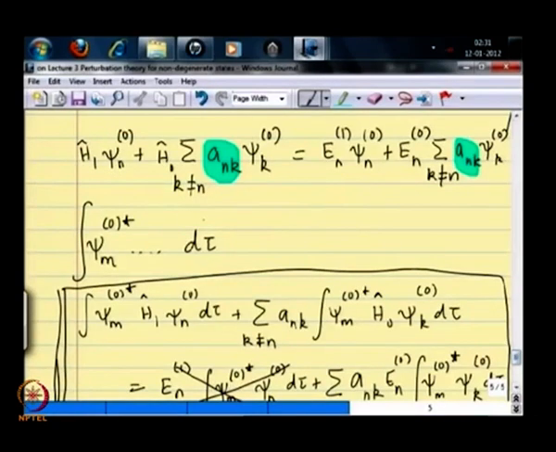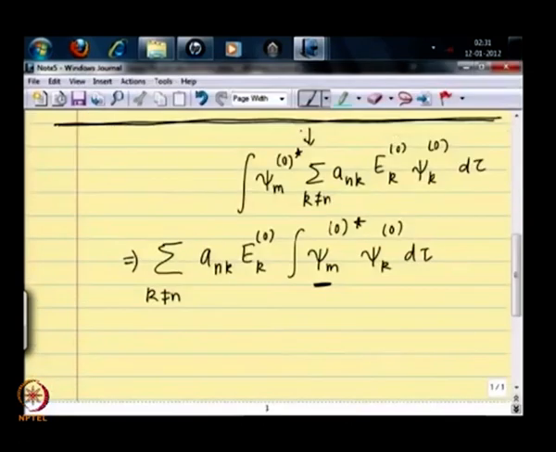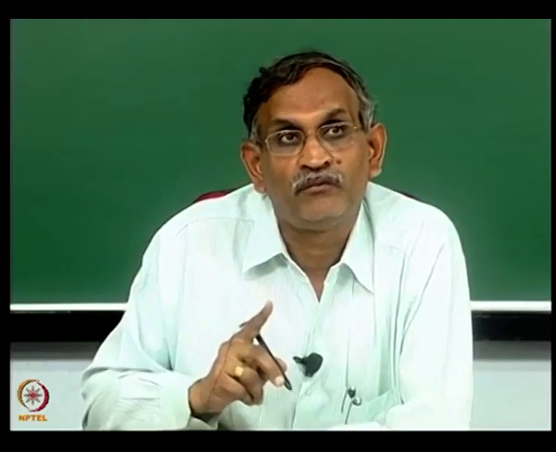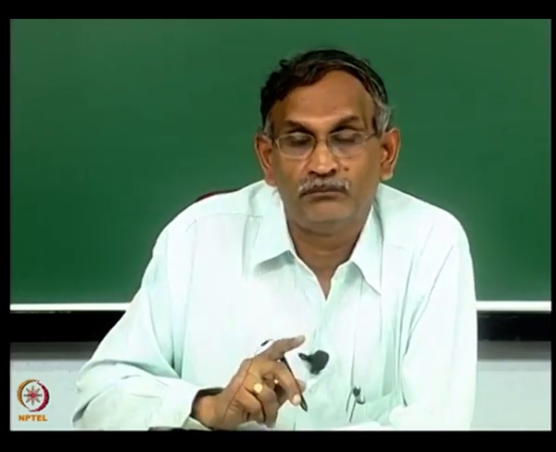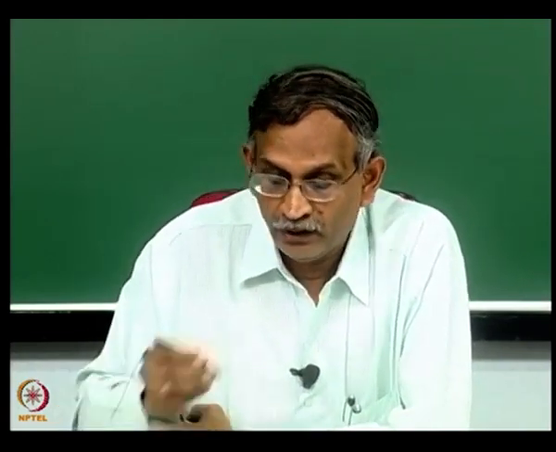Therefore, if you go back to this, m is not equal to n. Therefore, it is possible that k and m can be equal, because k is also not equal to n. Therefore, there is at least one value of m, and there is only one value of m, for which m and k are equal.